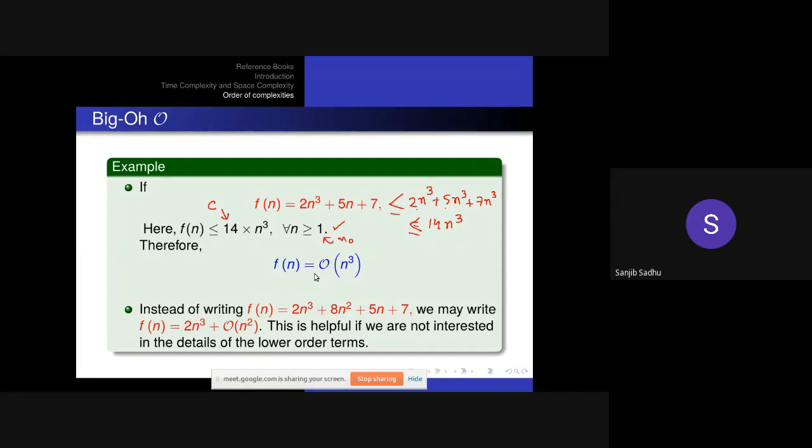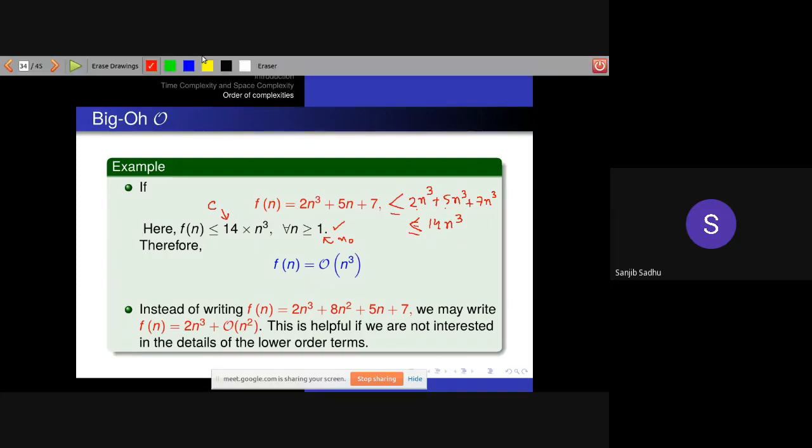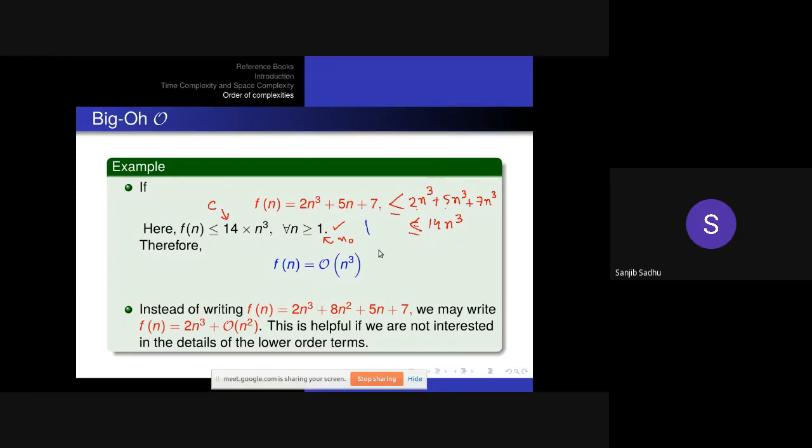Now your friend may say that, instead of that, we can write that this expression is less than or equal to 3n cube. But if he writes less than 3n cube, what does it mean? If I shift all these terms to the right side of 3n cube, we get n cube minus 5n minus 7 should be greater than or equal to 0.